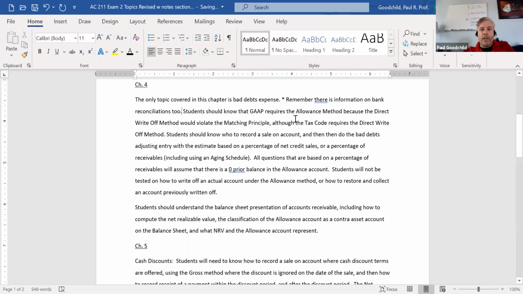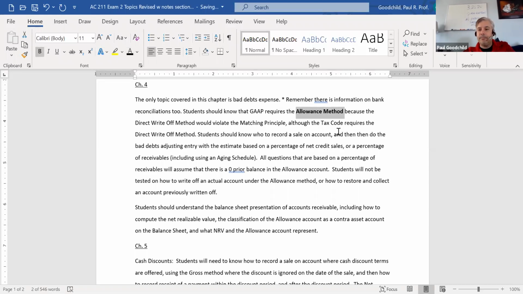You should know the allowance method for bad debts expense. Yes, that's correct, Madison. You're not coming to Zoom for the exam. You're going straight to the lockdown browser. You can't have Zoom open and have the lockdown browser open.